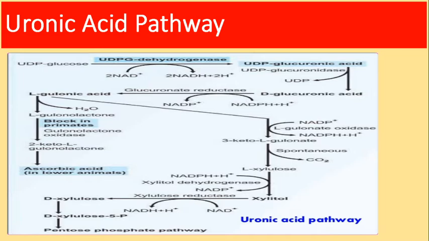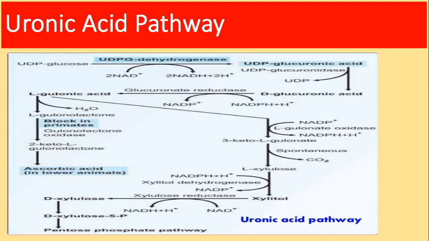Next, this UDP glucose is oxidized to UDP glucuronic acid in the presence of the enzyme called UDPG dehydrogenase, or UDP glucose dehydrogenase.